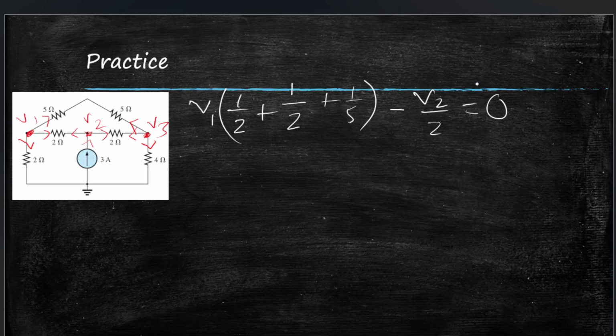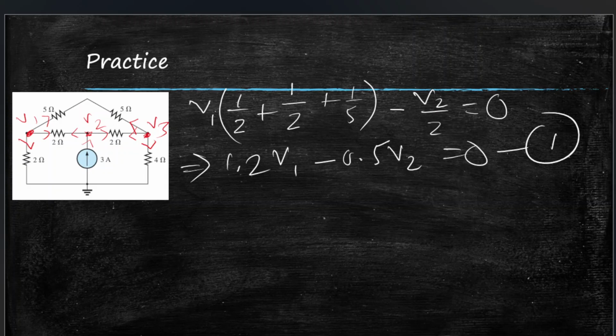There are no sources for V1. Let's simplify that: 1.2 V1 minus 0.5 V2 equal to 0. That's equation 1. And now for V2, again the format approach.